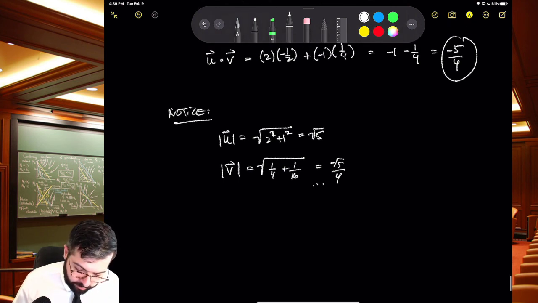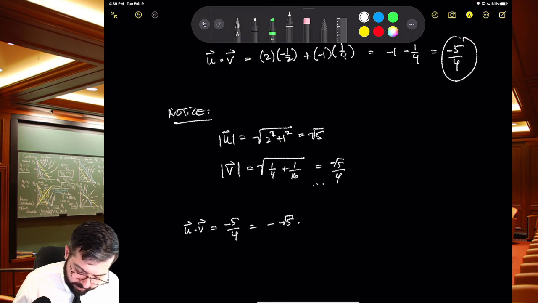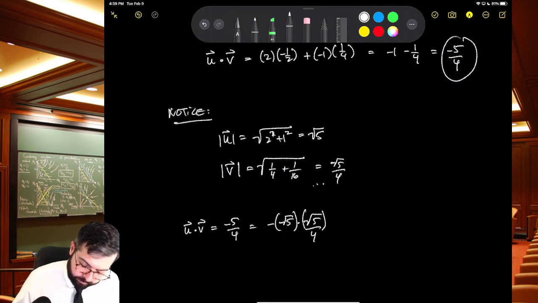And so we saw that u dot v was equal to negative 5/4, which is really equal to, if you think about it, negative radical 5 times radical 5/4. Which is the opposite of the magnitude of u times the magnitude of v.